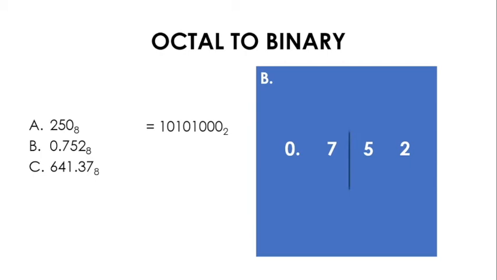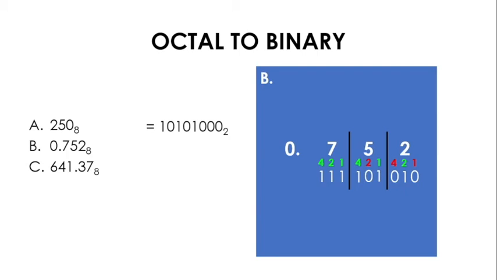For the next example, the fractional part, it is still the same. Each digit will be represented by 3 bits, but you will be using 4 to 1 respectively from left to right. As you can see in our example, octal 0.752, 7 is the largest possible number in an octal number system, so all of the values are turned on.